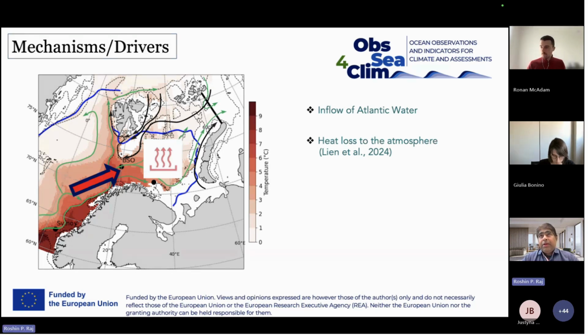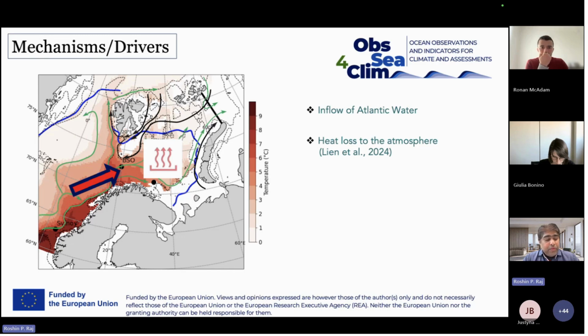In 2016 we were able to explain the marine heat wave event using the combination of inflow of Atlantic water and the heat loss. But these two, independently or combined, cannot explain other marine heat wave events.